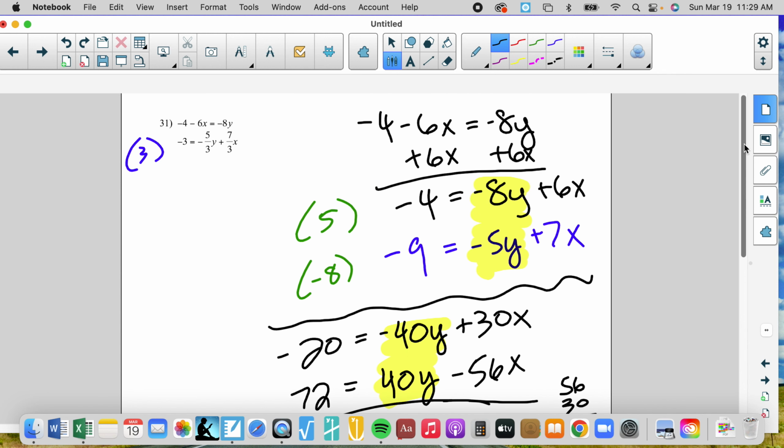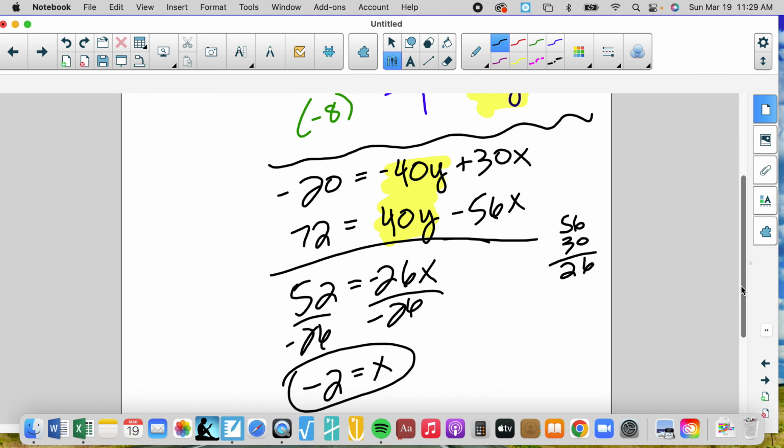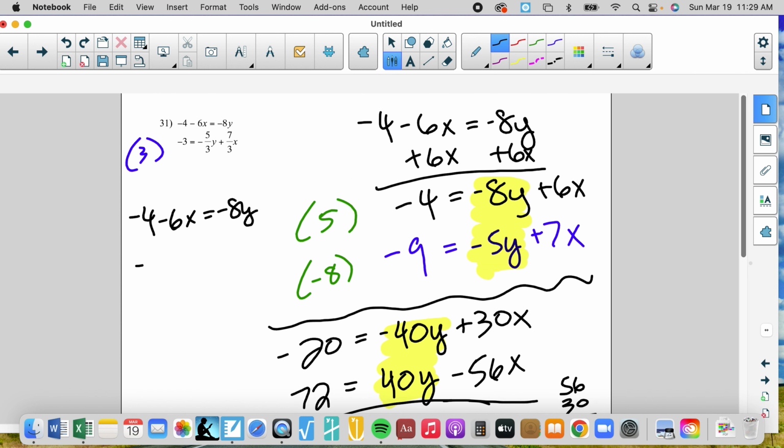Let's pick an equation. I definitely don't want to pick the bottom one. -4 minus 6x equals -8y. I'm saying that my x value is -2. That's -4 plus 12 equals -8y.